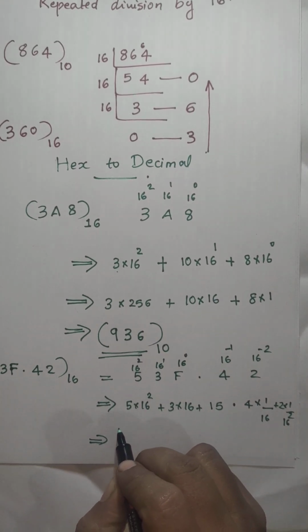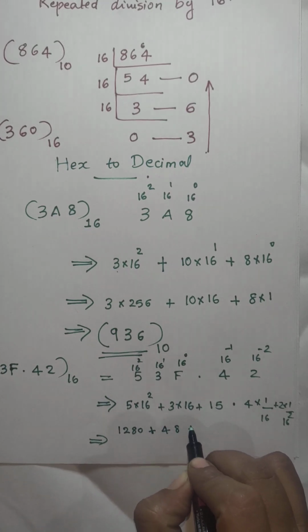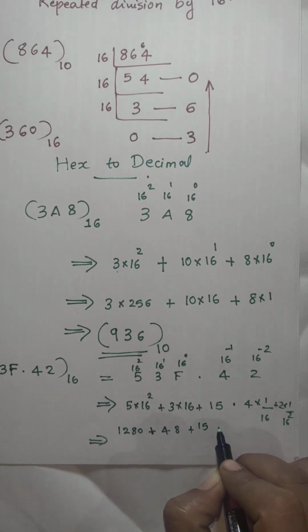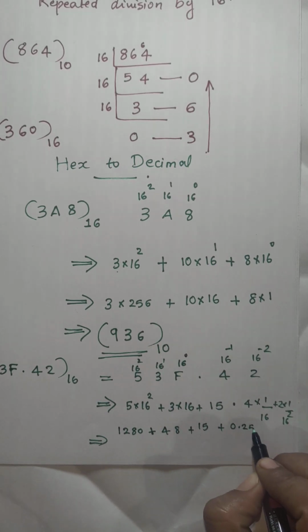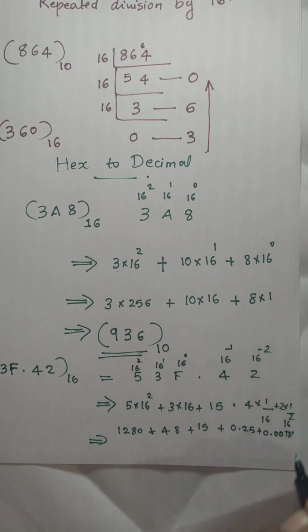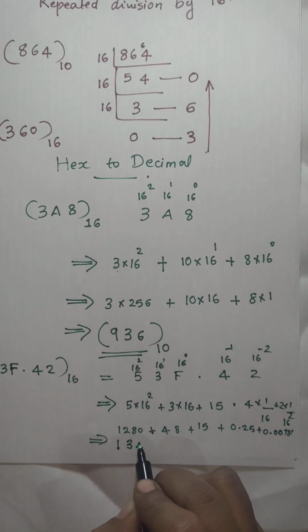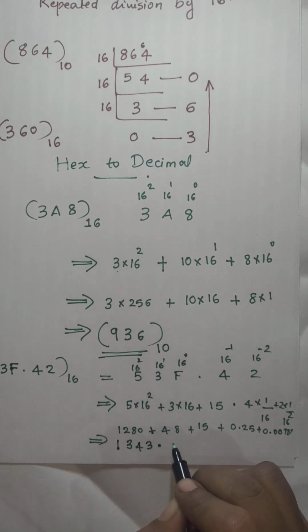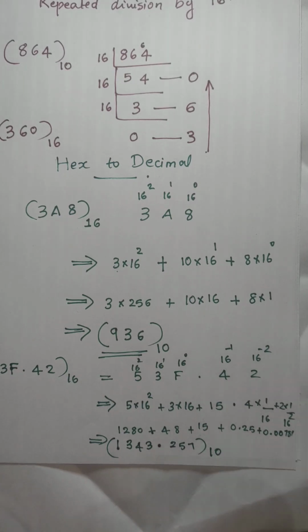We add all these things: 1280 plus 48, then 15, plus 0.25, plus 0.00781. Finally we get the result 1343.257. And what is the base? 10, because this is a decimal value.